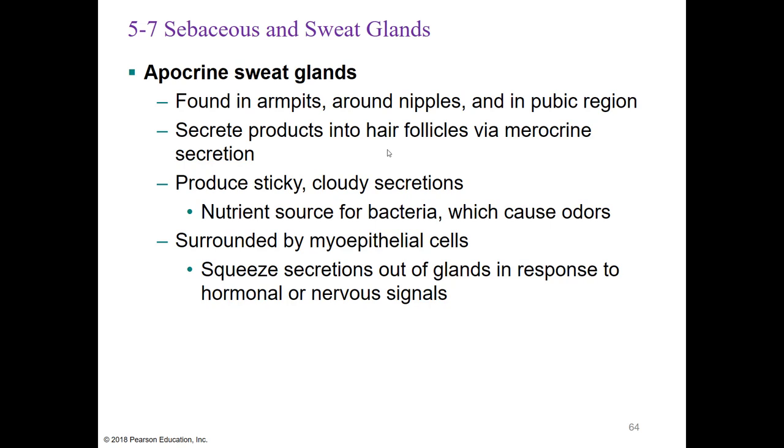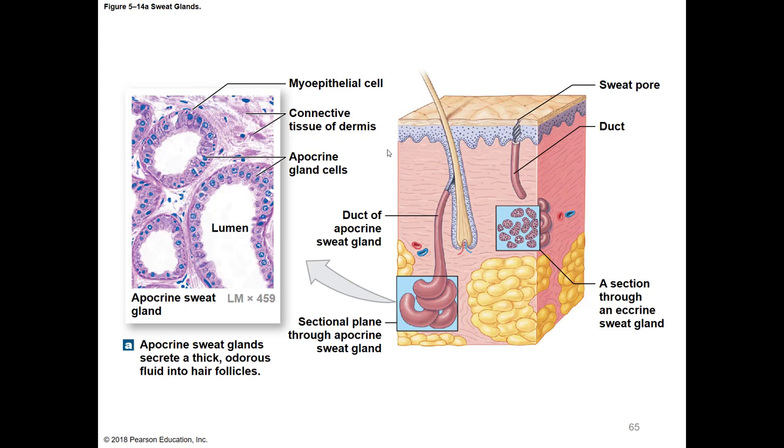These sweat glands are surrounded by myoepithelial cells, which are cells that cause a squeezing of these secretions out of the gland in response to hormones or nervous signals. So here is an apocrine sweat gland right here associated with a hair, so like in your armpit, for example.